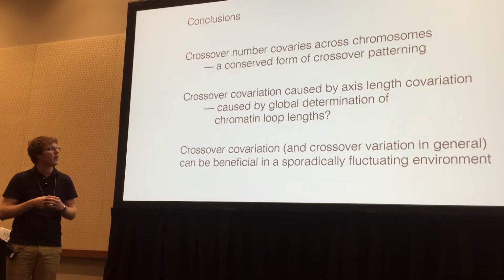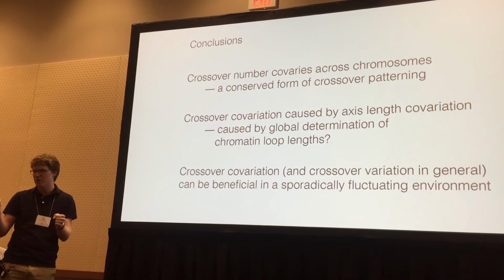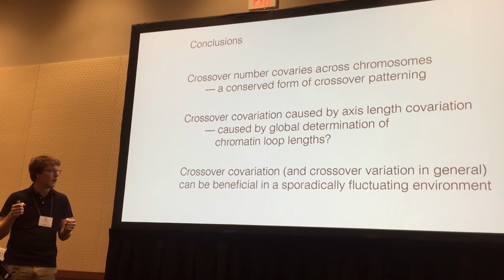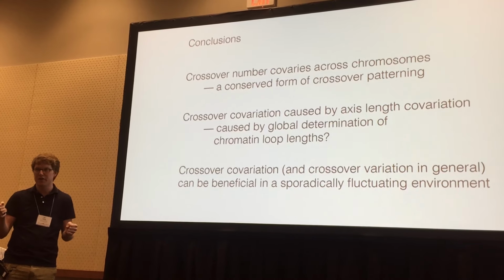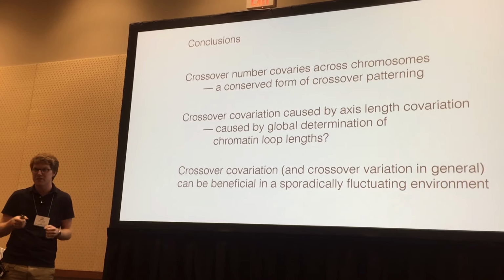I've argued that crossover covariation is caused by an analogous covariation of axis lengths in early meiotic prophase, and I've speculated that this axis-linked covariation is driven by global modulation of chromatin loop length at that phase of meiosis. And finally, I've argued that crossover covariation, and indeed the maintenance of variation in the number of crossovers per cell in general, might be beneficial in a sporadically fluctuating environment, which is faced by most species.